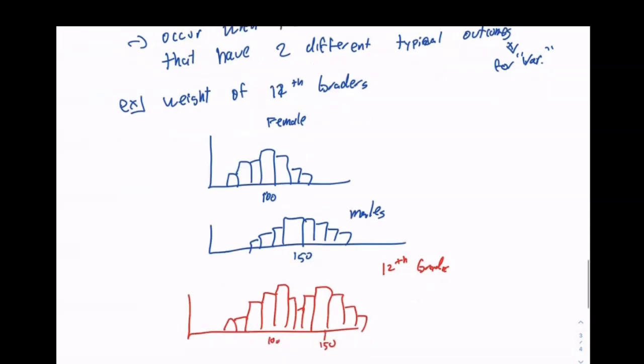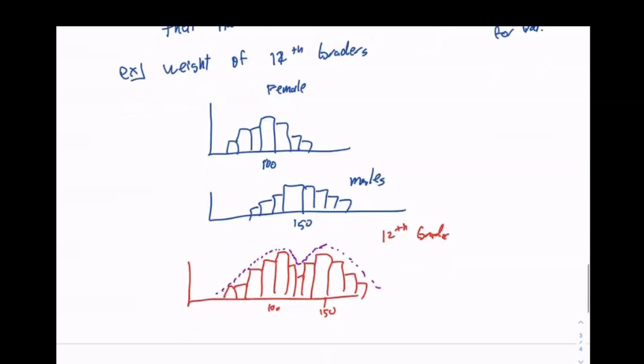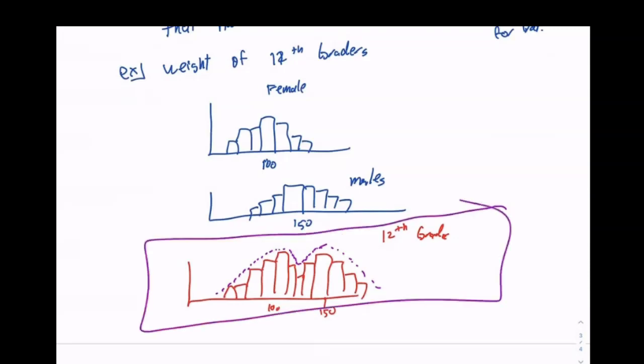And if you look at how the shape looks, it goes up, and then comes back down, and goes back up, and then comes back down. The reasoning behind this is that we have two populations of weights. This right here is maybe all you're given: the weights of 12th graders. And you're like, why would it be bimodal?